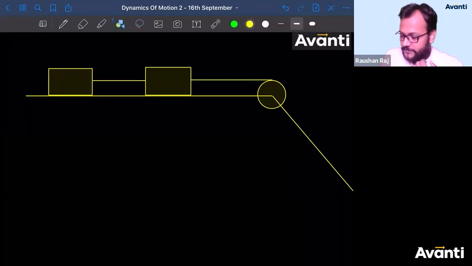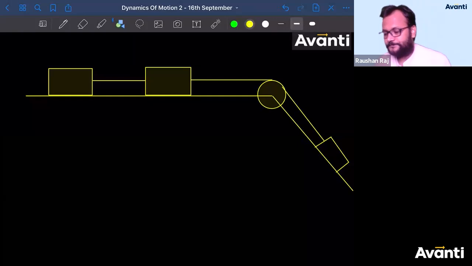Now there is a block which is kept here. क्या हो रहा है? No issues. So it looks like this.